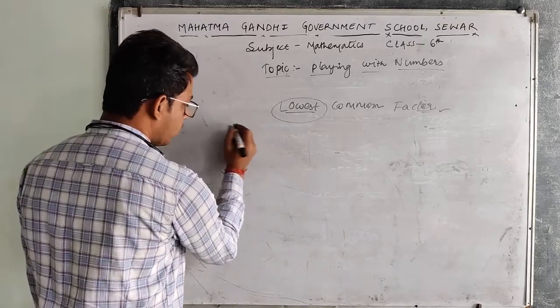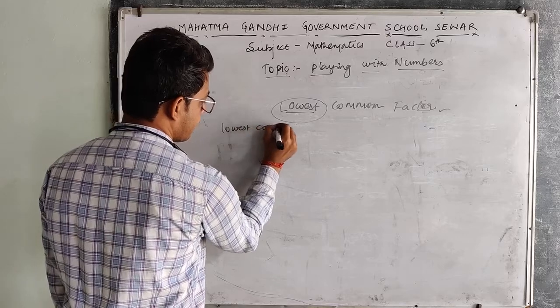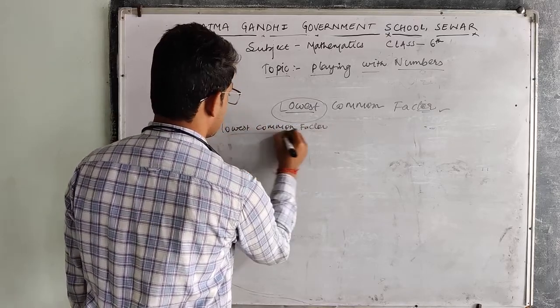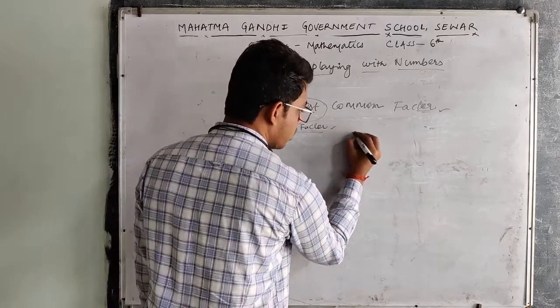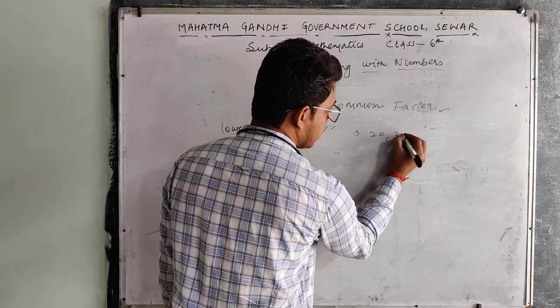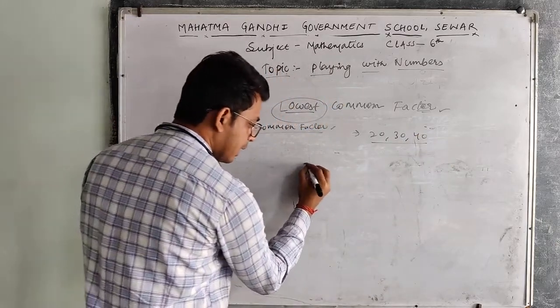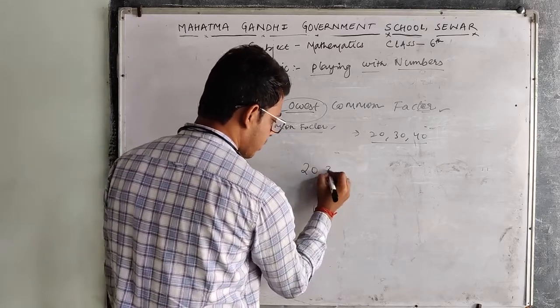If we want to calculate the lowest common factor, what we will do? If we want to calculate it for 20, 30 and 40, we will place these in one line by using commas.